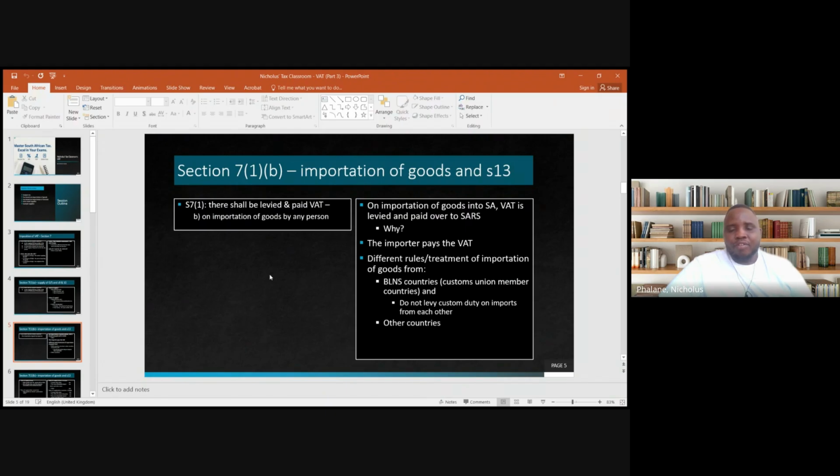Let's ensure that these suppliers are in the same position, right? Because the moment SARS says I want VAT if you are importing, then there will be VAT if you buy locally, and there will also be VAT if you import. So VAT wouldn't be the reason you go and import goods or services to South Africa, all right? The only reason that should make you import goods or services should be because the prices charged there are competitive.